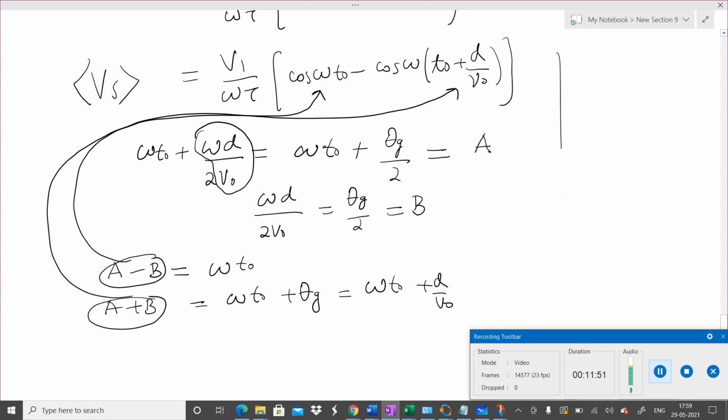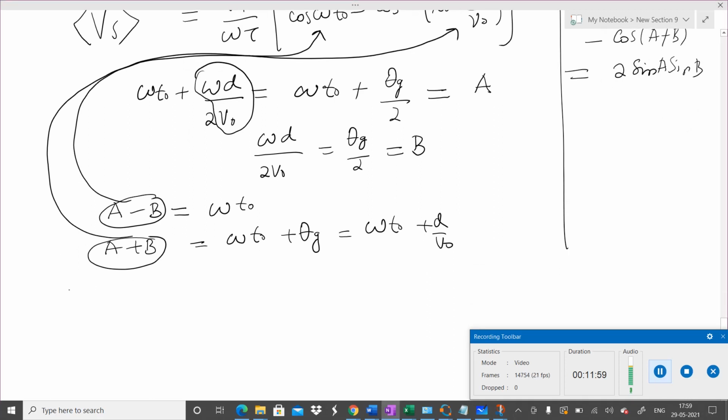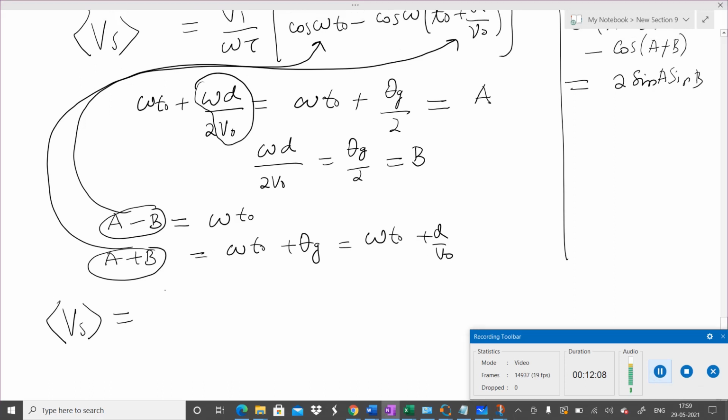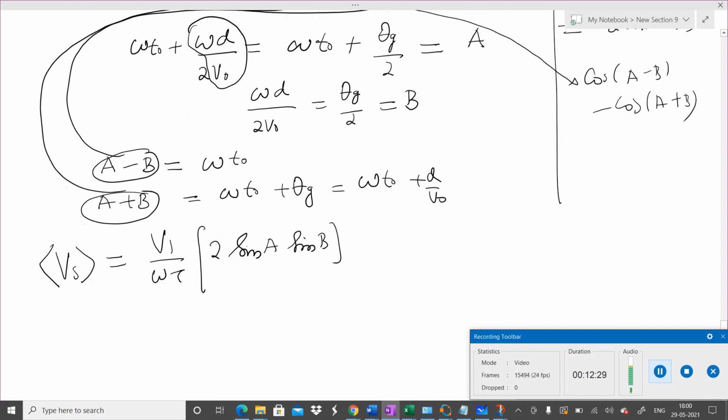We will use the identity cos of (a minus b) minus cos of (a plus b) equals twice sine a sine b. After we use that, the average microwave voltage becomes V1 divided by omega tau, twice sine a sine b, because this is exactly cos of (a minus b) minus cos of (a plus b) in terms of the notation defined.